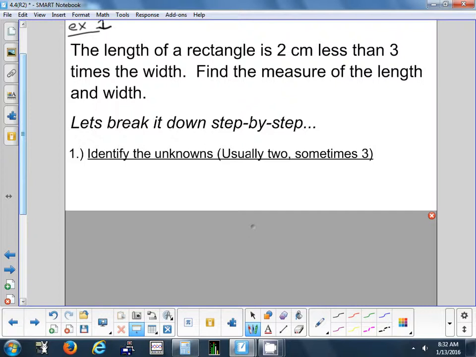Newman says yes. The length. When we list out our 2 unknowns, we want to do them in the order they show up. Length showed up first. So all I'm going to do is write length equals, and then obviously we know width is going to be second. So that's step 1. I'm going to identify my 2 unknowns.